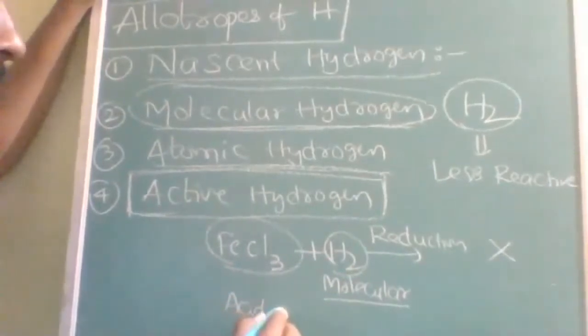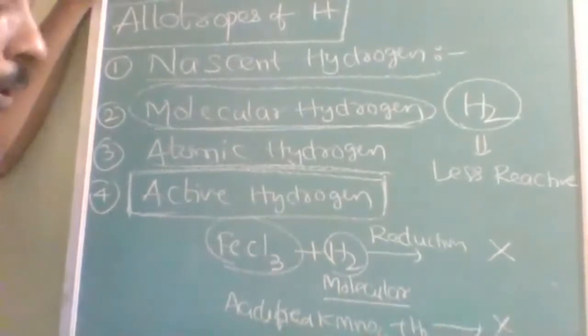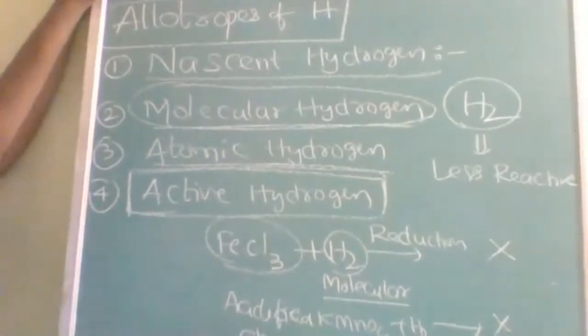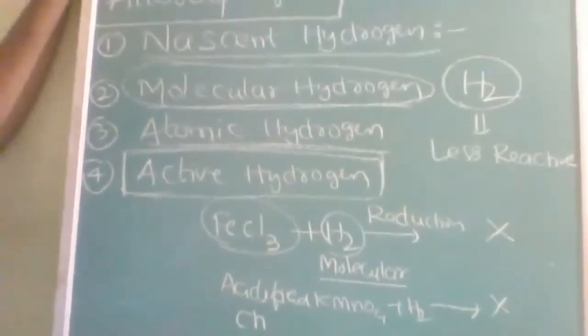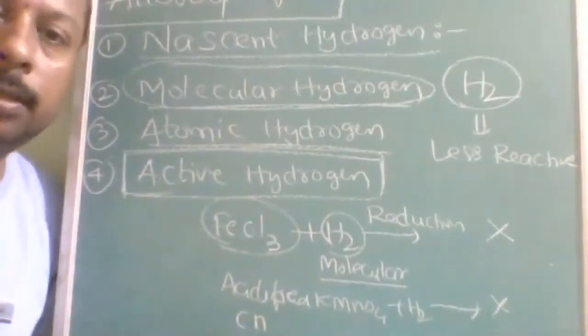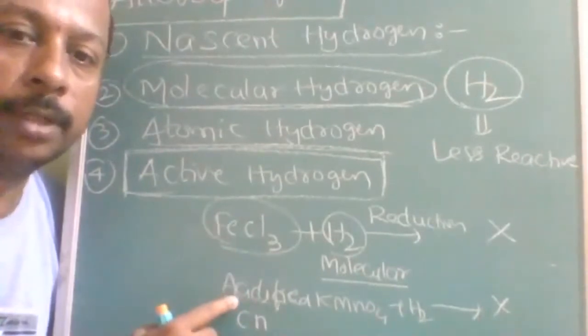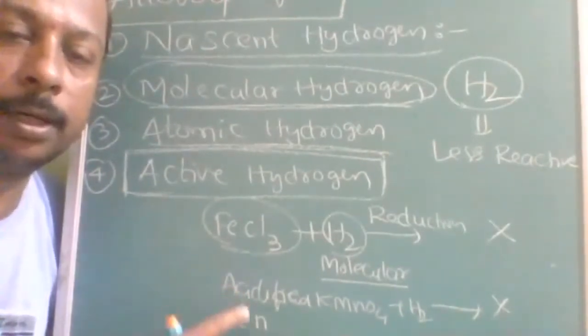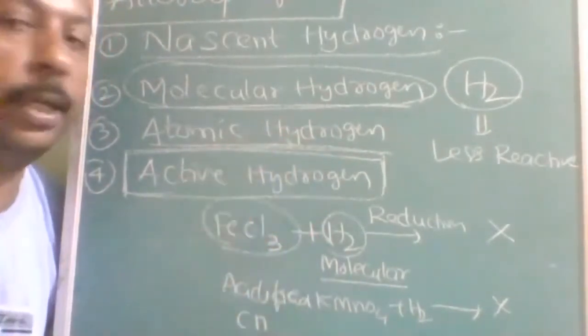Acidified KMnO4, no reaction. Reduction is not possible. And perchlorate. These are the drawbacks of molecular hydrogen. Molecular hydrogen cannot reduce ferric chloride, acidified potassium permanganate, or perchlorate, but they can be reduced by using nascent hydrogen.